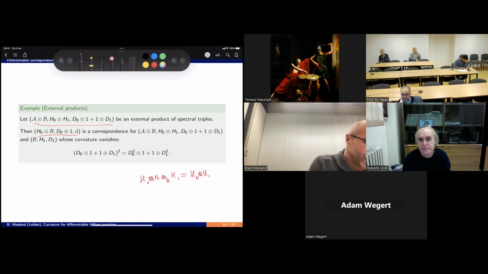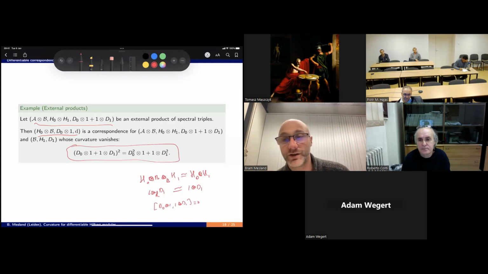And the connection operator that you get from this trivial connection under this correspondence just gives you the usual external tensor product operator. And then because the operators anti-commute, the anti-commutator of these two things is 0, which amounts to this equality over here.